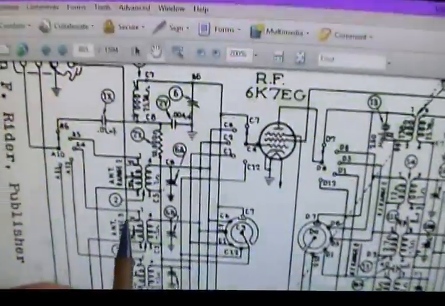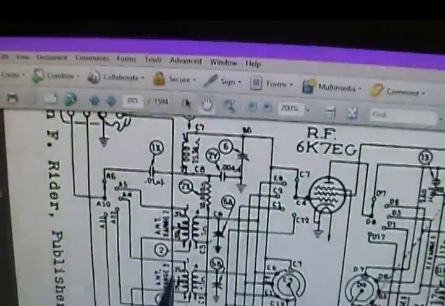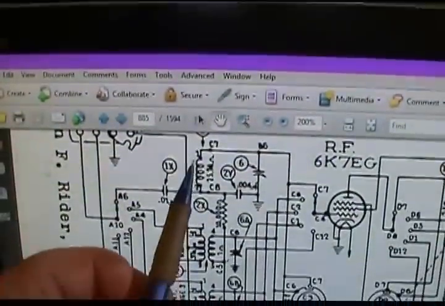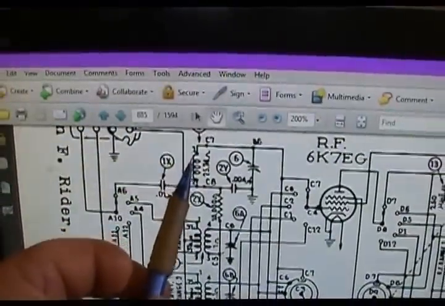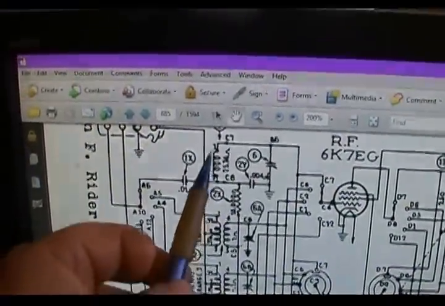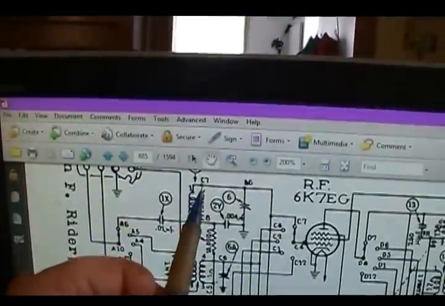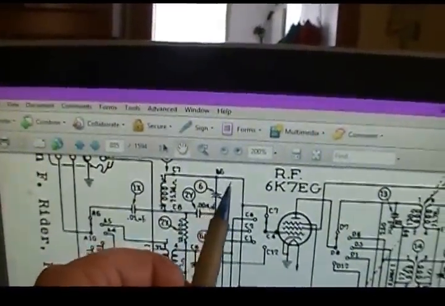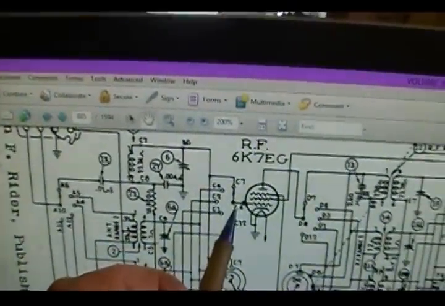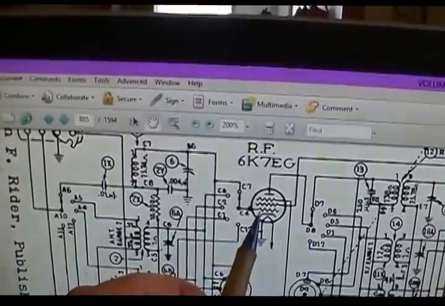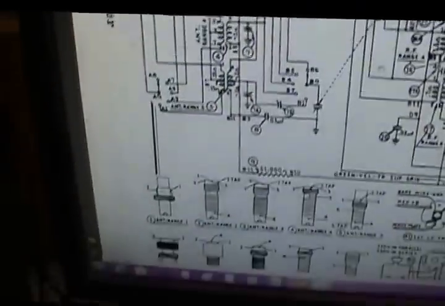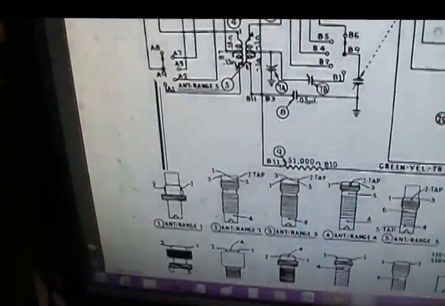Well, if you come up, here's that coil right here at the very top. Pin 1, pin 2. So now you know that this comes up here, hooks here, hooks here, goes to the band switch, which then goes to the grid. So same way on the next one.